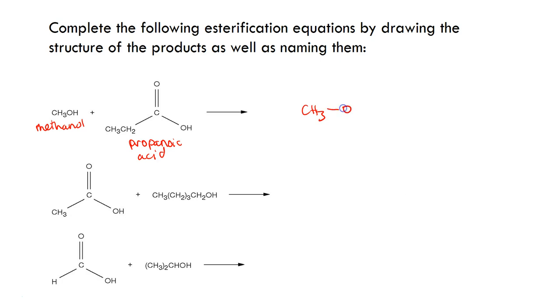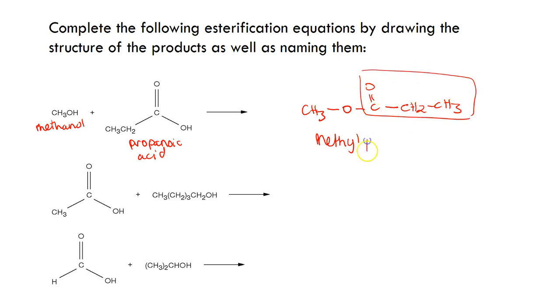CH3, this is my alcohol, so I'm just going to go to the O, into the carbonyl, and then out to the rest of my molecule, which is CH2, CH3. So when I come to name it, it's the part from my alcohol, which is just one here, so that will be methyl. And then this part here will be 1, 2, 3 prop, so it's propanoate.